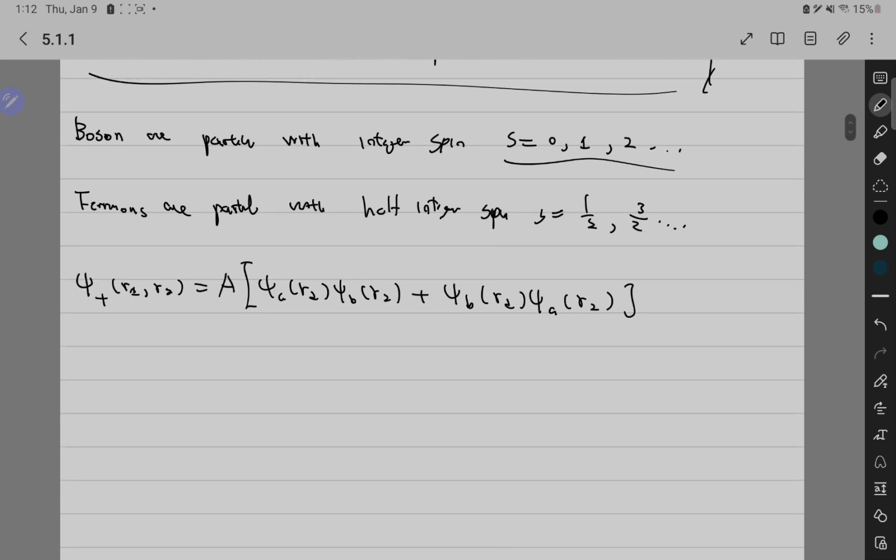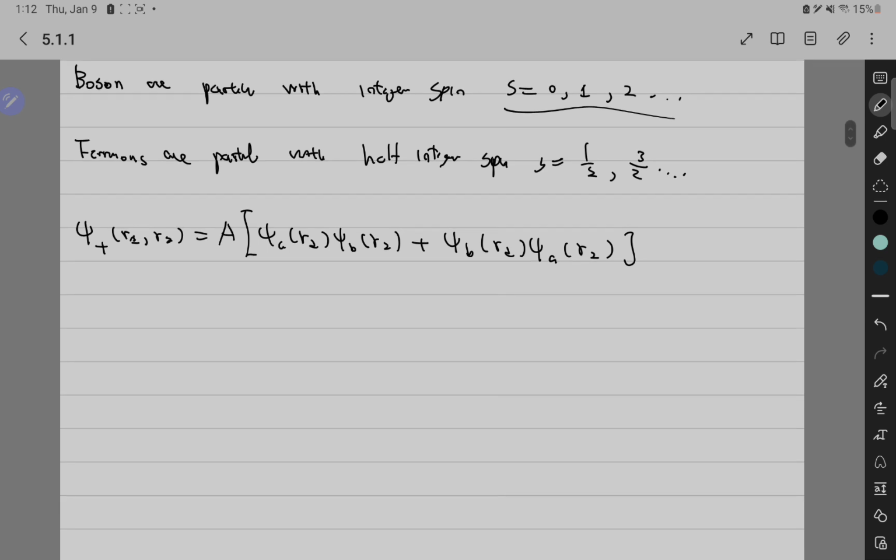So bosons are symmetrical under interchange. What that means is that if you swap spatial coordinate 1 and spatial coordinate 2, so if you swap r1 and r2, they result in the same thing. So let's look at the case if we swap r1 with r2. So r2 becomes the front, r1 at the back as the second one.